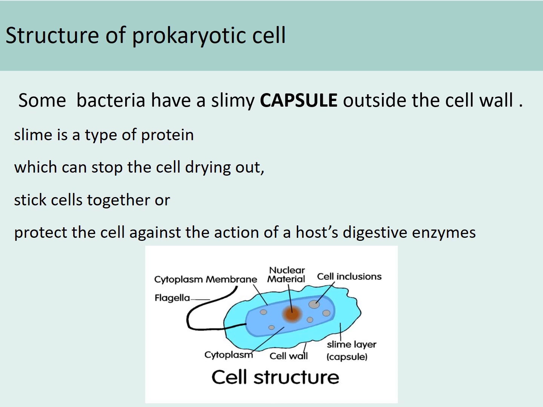So you can form these colonies of bacterial cells that are stuck together, and they use that slime capsule in order to do that. It also offers protection if it is one that is found in food and drinking water, things like that. It can also protect it from digestive enzymes so that they don't get killed off in the digestive system.